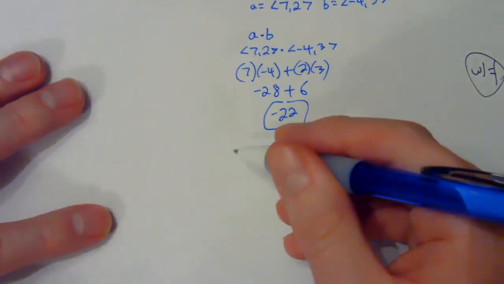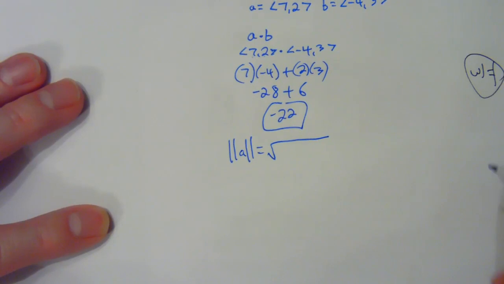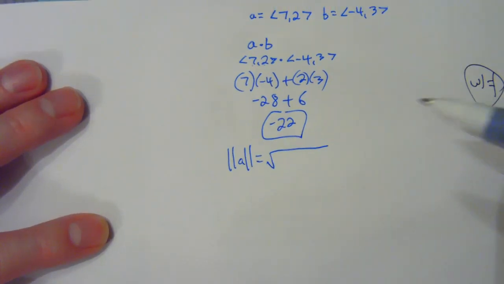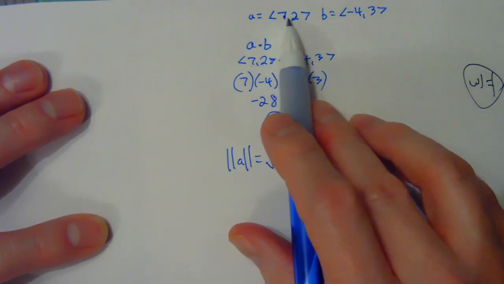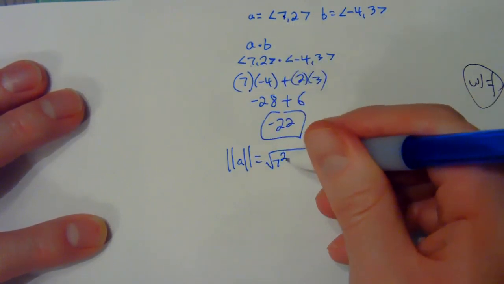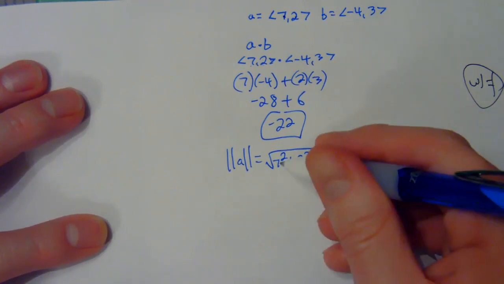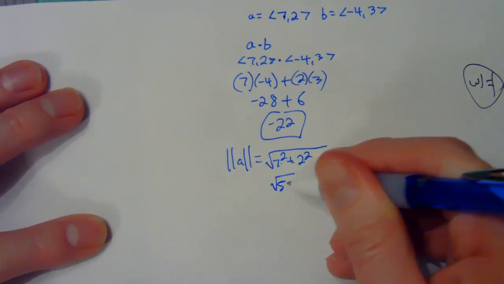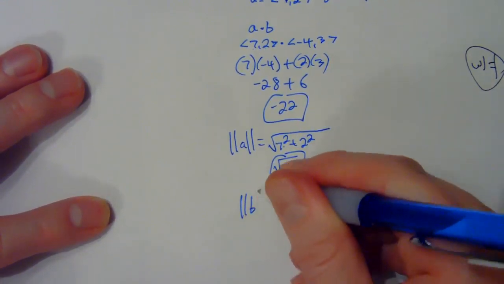And then we're going to do the magnitude of A and the magnitude of B. Remember, the magnitude of the vector is just the Pythagorean theorem. It's the square root of each component squared. So I'm going to do the square root of 7 squared plus 2 squared. We need the exact answers on these things here. So that's going to be 49 plus 4, which is the square root of 53. And then the magnitude of B, we'll do the same way.